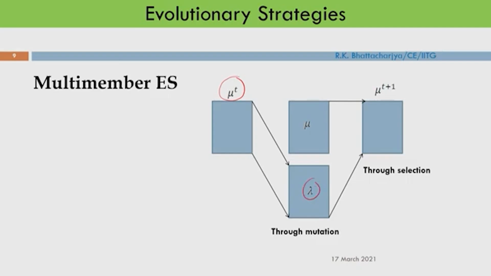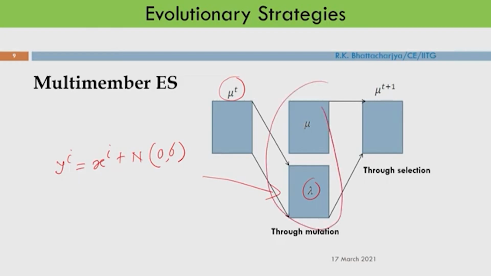So, how I am creating lambda? So, this is y_i equal to x_i plus N(0, sigma). So, I am creating this lambda population, and I am combining this, and from this combined solution I am creating again mu solution. I am getting the solution in the next iteration.